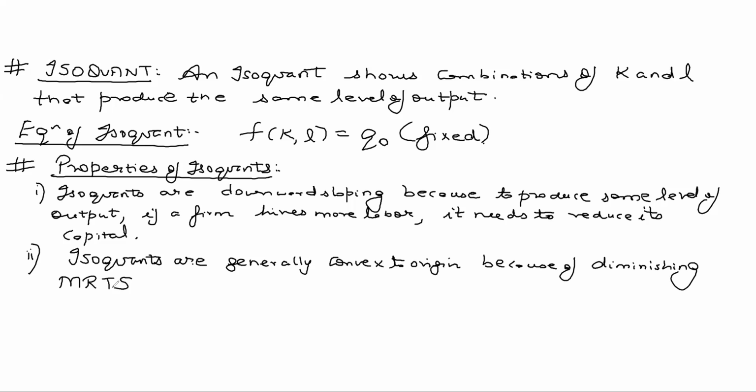So remember, indifference curves in consumer theory were downward sloping and convex to the origin. Why were they convex? Because of diminishing marginal rate of substitution. Similarly, isoquants are convex to the origin because of diminishing marginal rate of technical substitution, which is nothing but the slope of the isoquant.